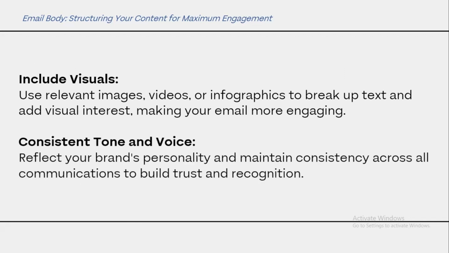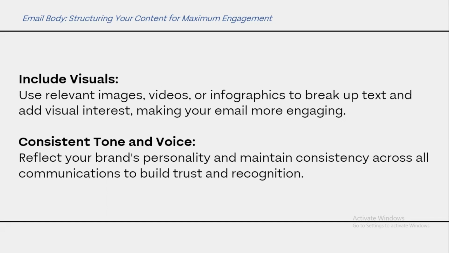Use consistent tone and voice. Reflect your brand personality and maintain consistency across all communications to build trust and recognition. Your tone must be consistent to ensure you captivate your audience and get their attention to follow through with what you want them to do.